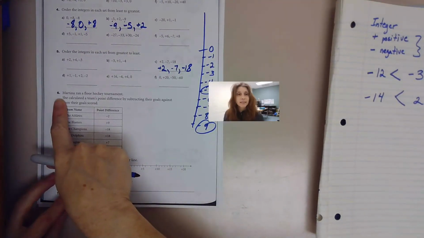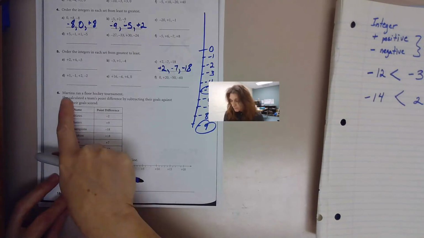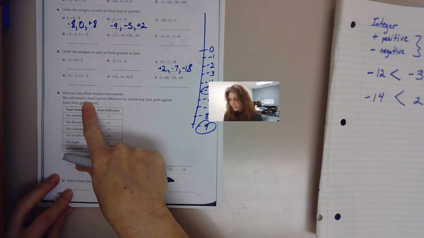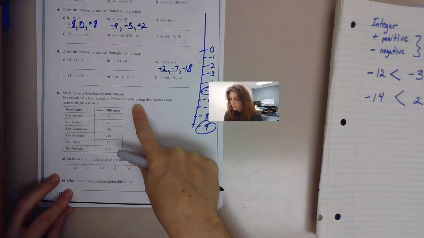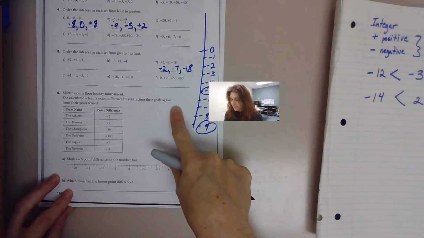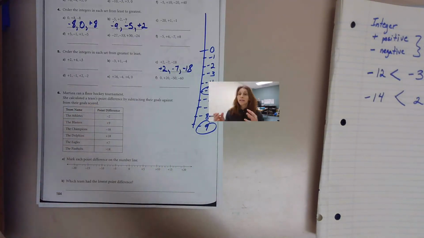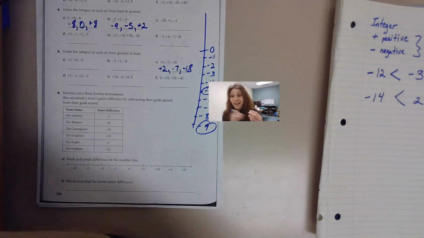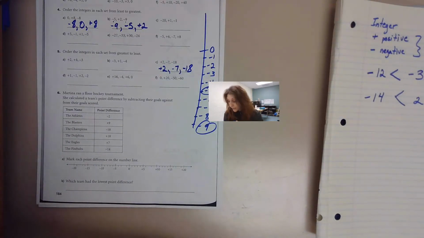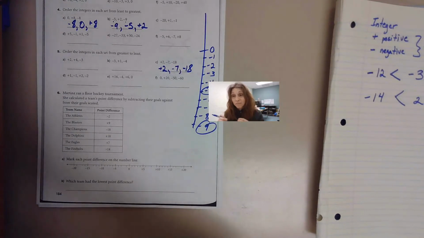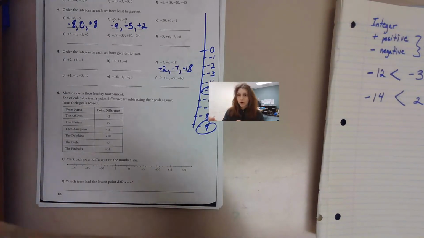And number 6, Martina ran a floor hockey tournament. She calculated a team's point difference by subtracting their goals against from their goals scored. So she takes how many goals were scored against them and subtracts that from however many goals they got.